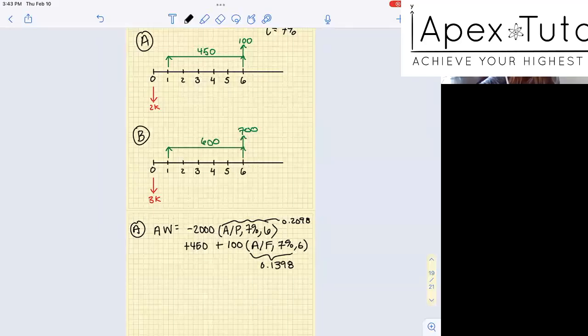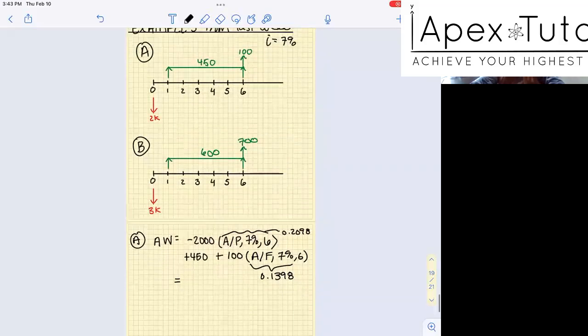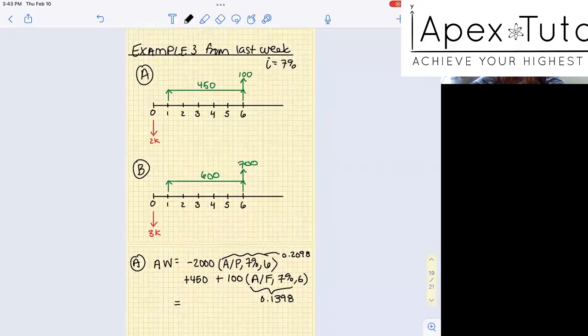Question about how we got that? Okay, now just add it all together. Combine everything. What do you get? $44.38. Very good. Positive $44.38.